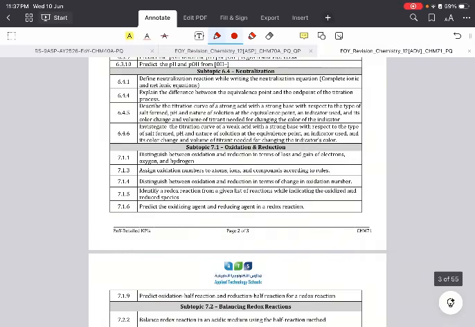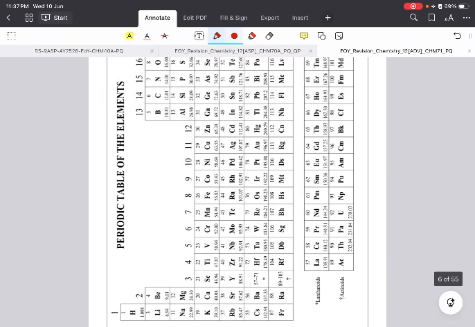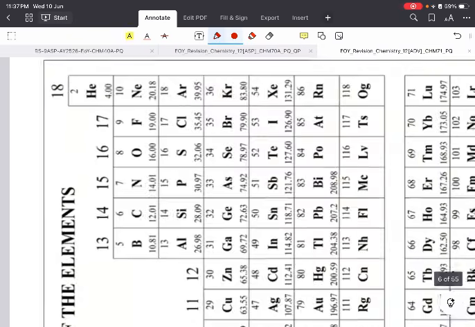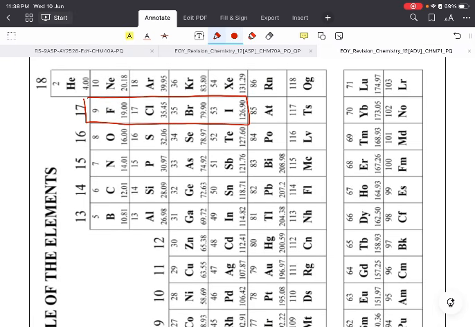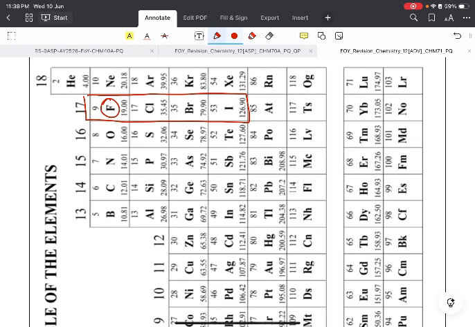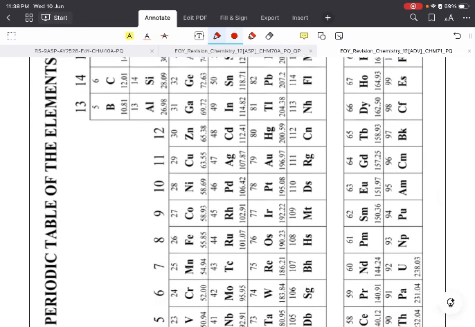Unfortunately, the periodic table that you have does not include the names, but I want you to go to the exam and memorize the names of these nonmetals, because if they gave you HF, you need to say hydrofluoric acid, hydrochloric acid, hydrobromic acid, and hydroiodic acid.